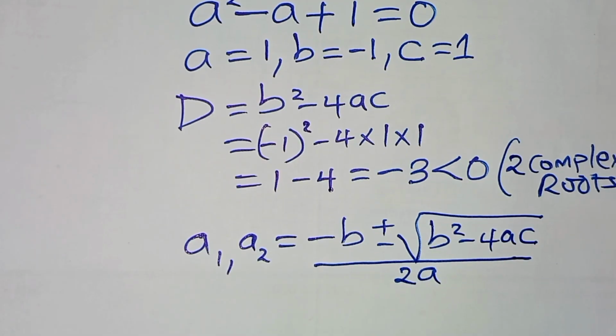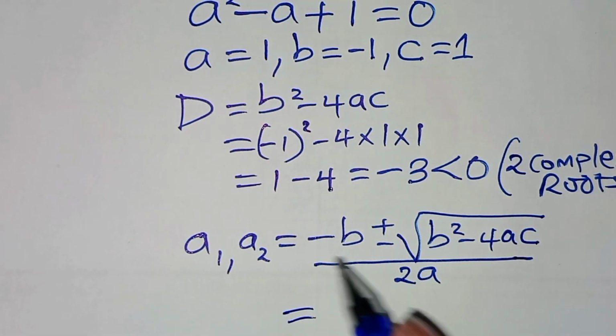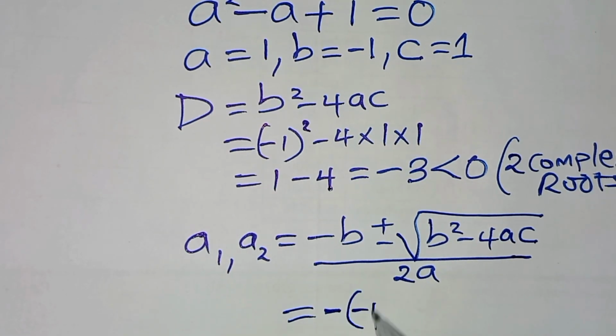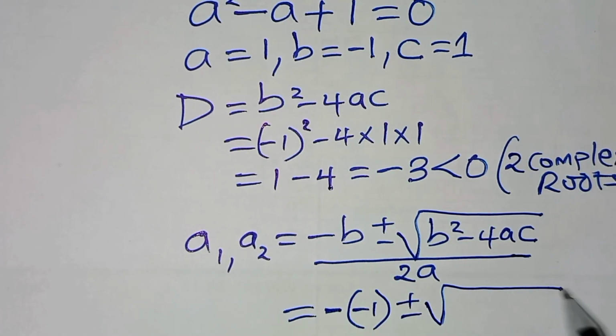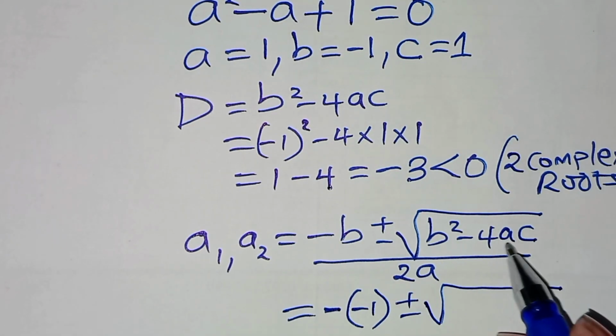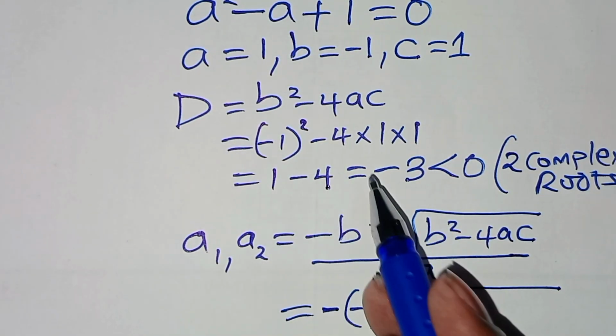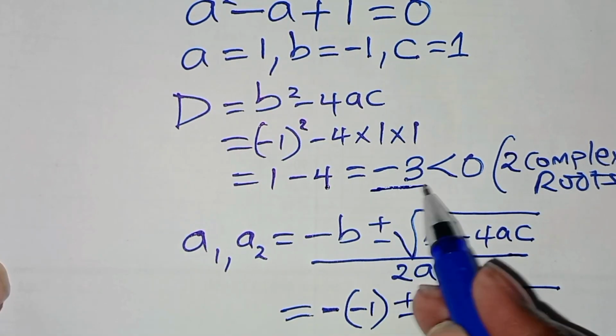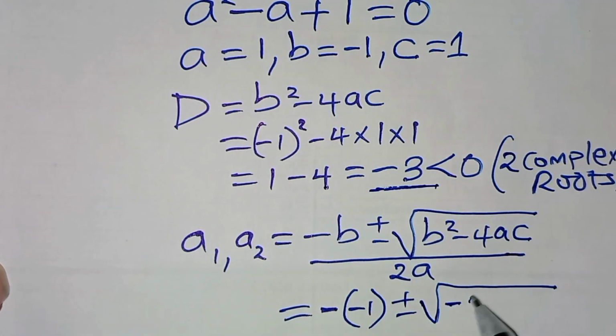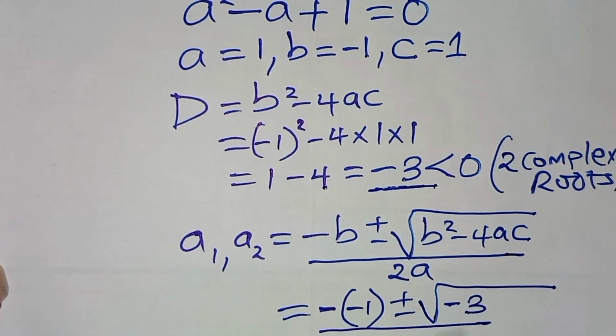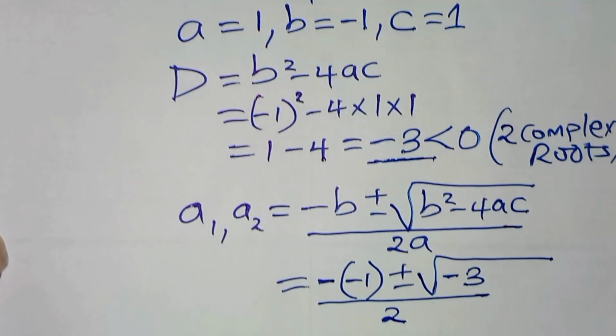The next step, let's substitute the values of a, b, and c so that here we'll have minus b. In our case here, b is negative 1, so it's minus minus 1, plus or minus the square root of b squared minus 4ac. And you find that b squared minus 4ac is what we have here, negative 3. So let's substitute here negative 3. All this divided by 2.